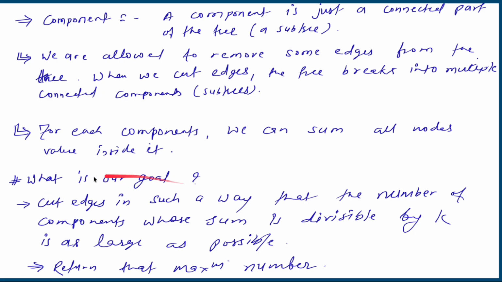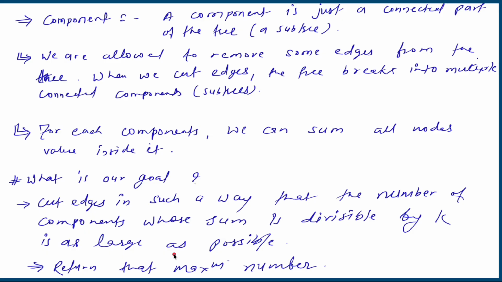So what is our goal? Our goal is to cut the edge in such a way, meaning the given tree we have to cut through some edge, so that the number of connected components whose sum is divisible by k is as large as possible.